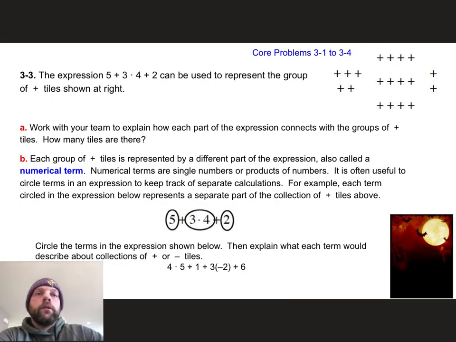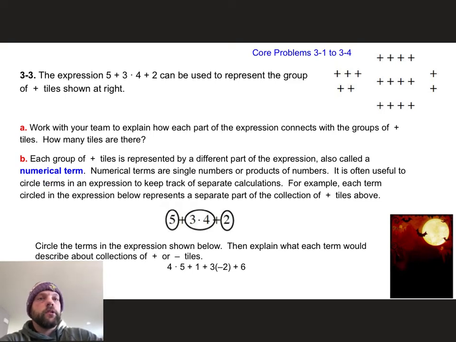So when we're figuring out which one's the longest, C is what gives us the biggest answer. All right, so in looking at this problem, this is kind of just taking some integer tiles and placing them into an expression that we would have. So some things to pay attention to is the numerical term. The numerical term would be like these 5 positive tiles, these 12 positive tiles, these 2 positive tiles.